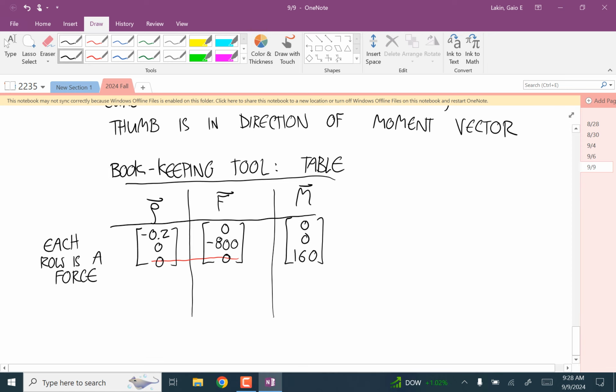So when you say each row is a force, if you had like 5 people pushing on the same wrench, when you do a free body diagram, you'll have 5 forces on a body, so you'll have 5 rows. And when you're done with that table, all of the forces that go in Newton's second law are there.